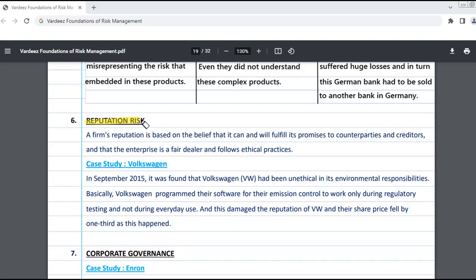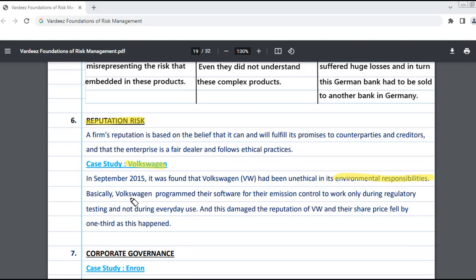All right, talking about reputation risk. A firm's reputation is based on the belief that it can and will fulfill its promises to counterparties and creditors, and that the enterprise is a fair dealer and follows ethical practices. Let's look at the case study for Volkswagen. In September 2015, it was found that Volkswagen had been unethical in its environmental responsibilities.